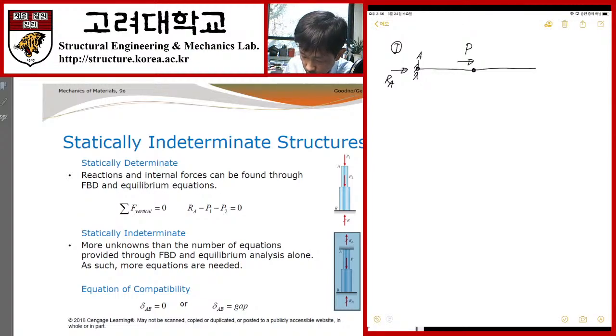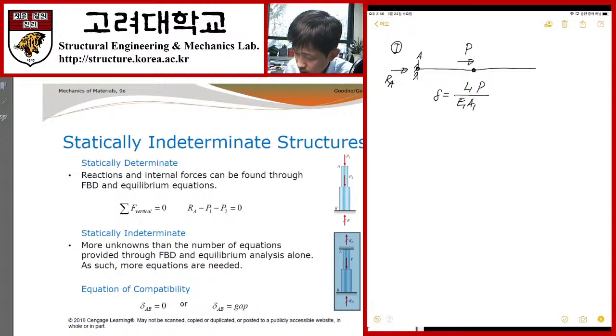Alright, so let's try to calculate the elongation. How do you calculate this elongation? We already know the formula. The elongation is equal to L1 over E1 and A1, and then I have internal force P.